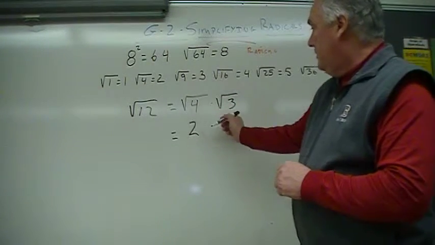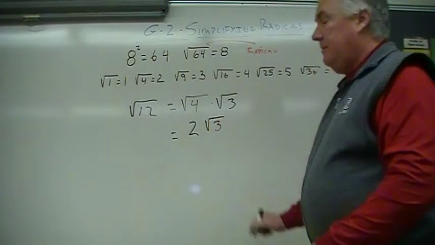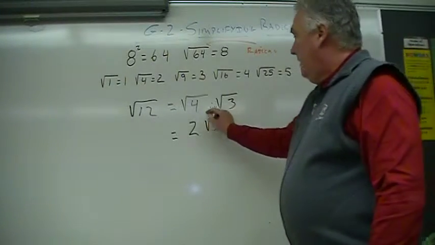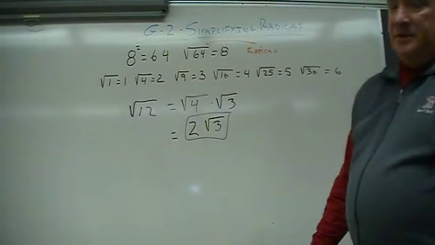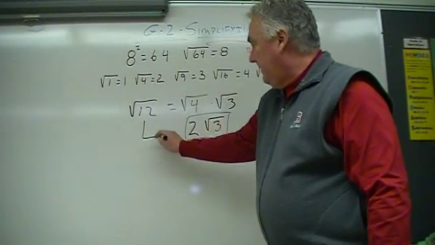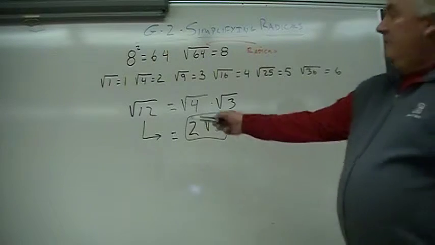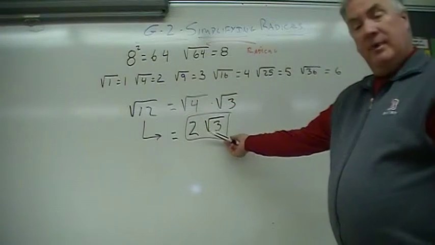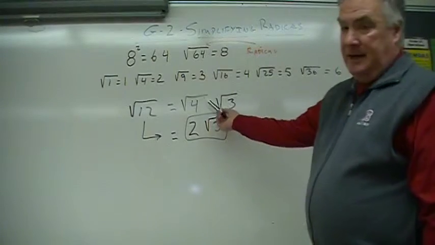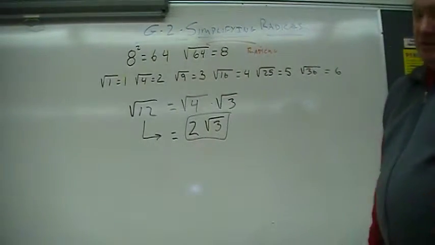The square root of 4 is 2 times the square root of 3. And that is your answer. What you've done is simplify this to that. And so if I say simplify this, you bring it to this by breaking it down using your perfect roots.